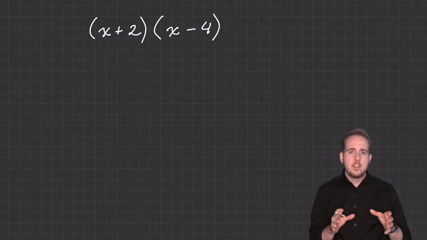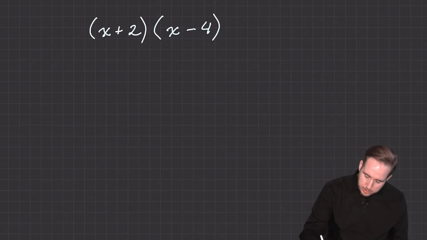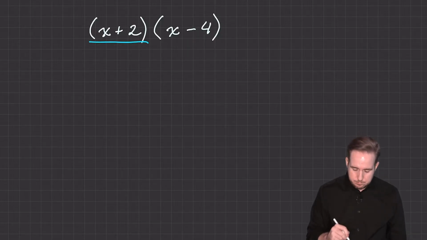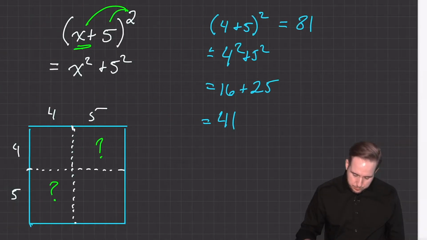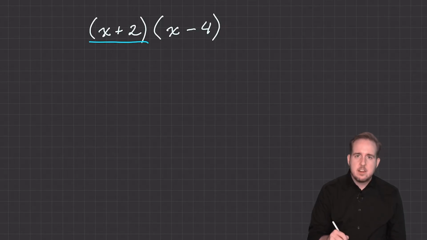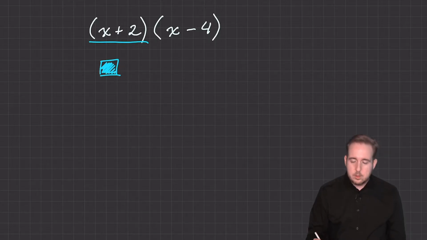Otherwise, I would get two ways of doing things that get two different answers and no one would be right. So what I say to myself is, if this first one was just a monomial, so say it was x or 5 or 3x, I would know what to do. It would be like this one. So I'm going to pretend for a moment that this is just a monomial, and I'm going to represent my monomial with a blue square.